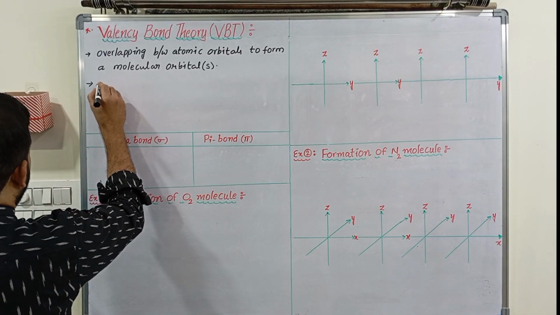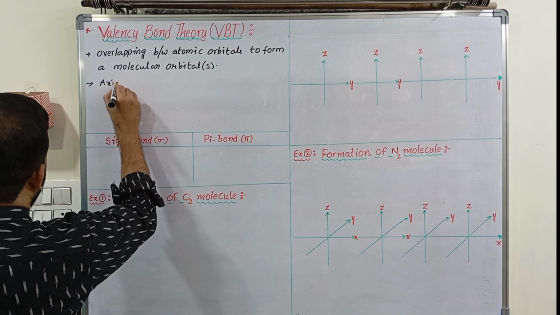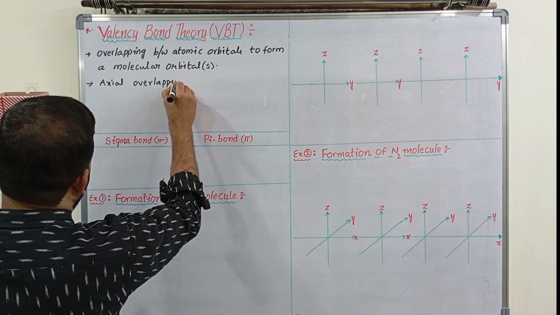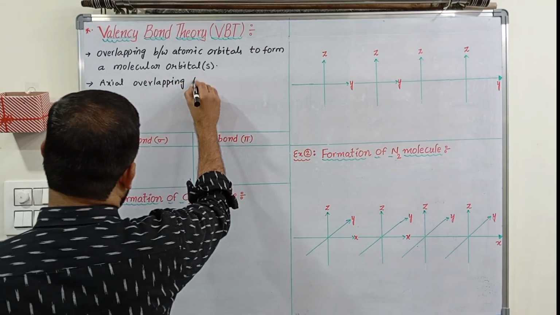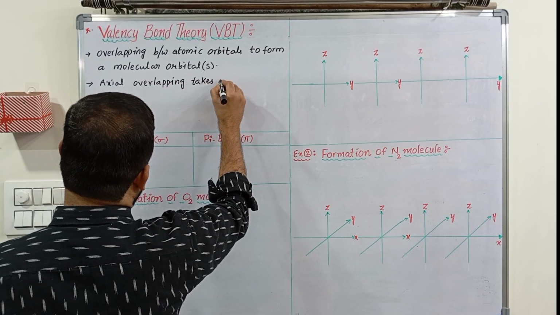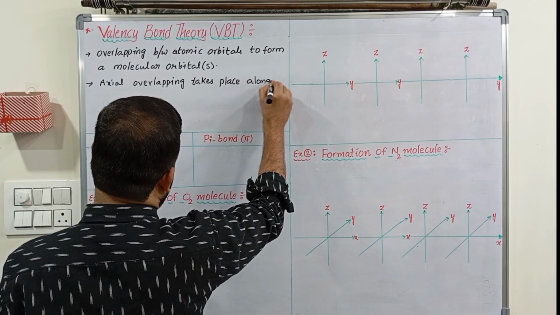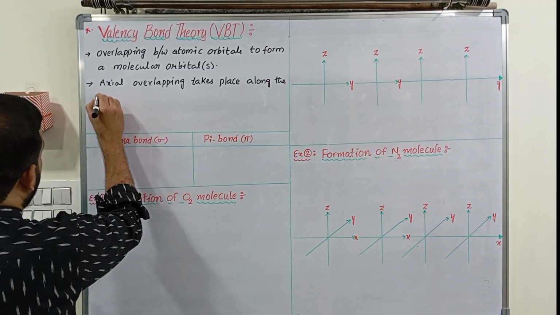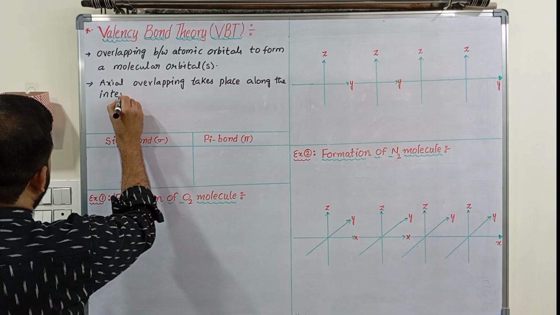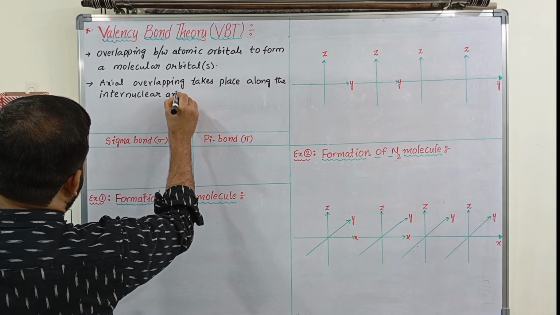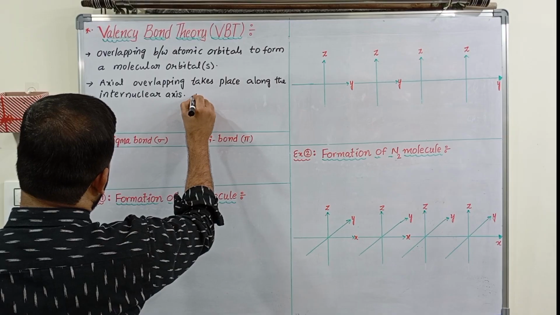Here, axial overlapping takes place along the internuclear axis to form a sigma bond.